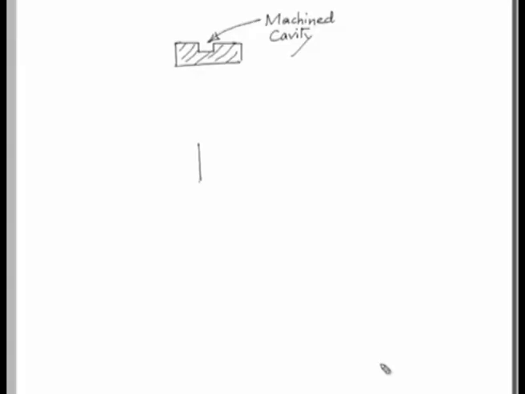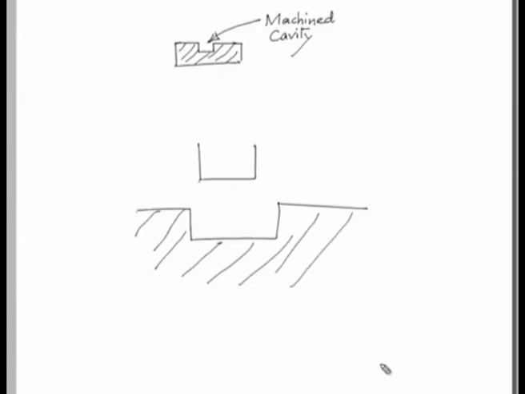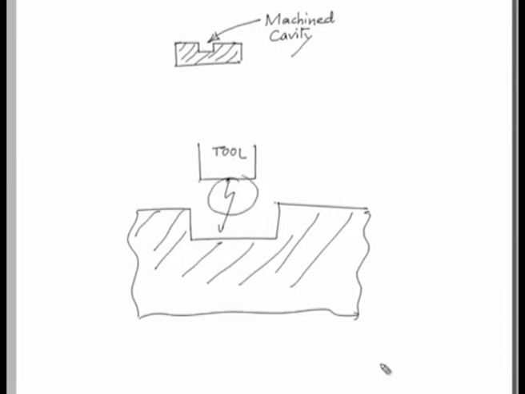Also, there are some other phenomena that are taking place here. This can be explained like this. As we have seen, this is the tool and this is the workpiece, and the sparking is taking place here in this zone. Now, because of the sparking, the dielectric fluid present here, as I have already indicated, also gets evaporated and small bubbles are formed.